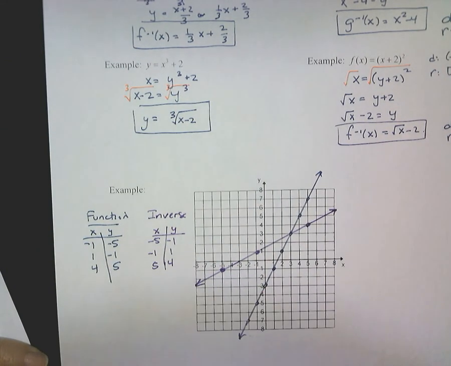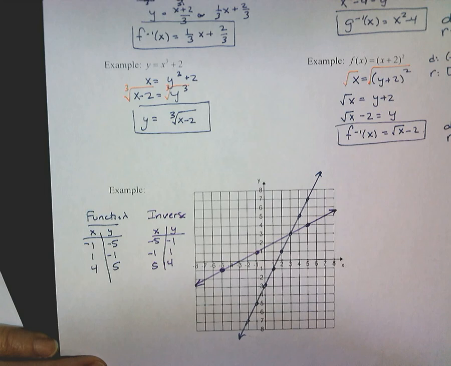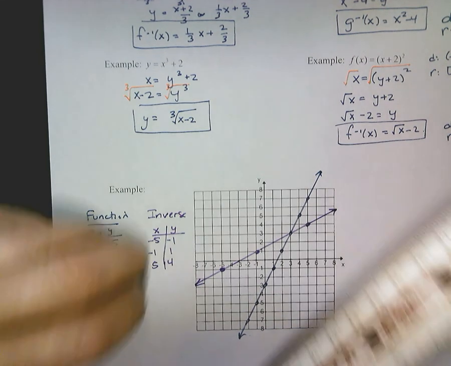This is what inverses look like. So the reason this is taught in this section is we've talked about transformations. We've talked about x-axis reflections. We've talked about y-axis reflections. There's also origin reflections. This one is a reflection over the line y equals x.